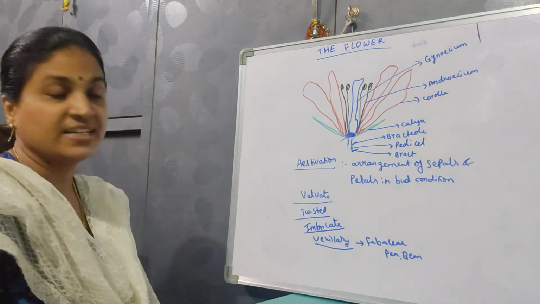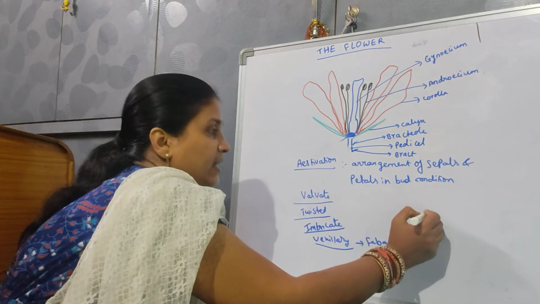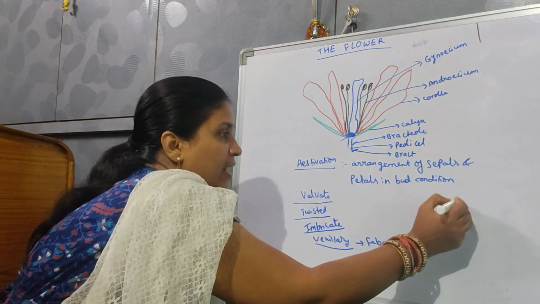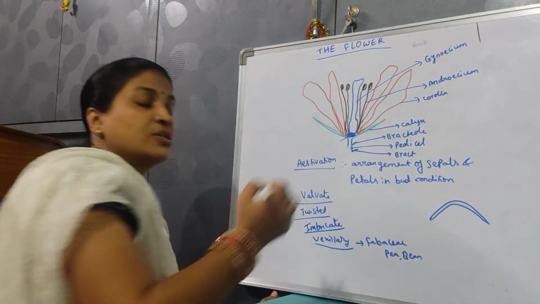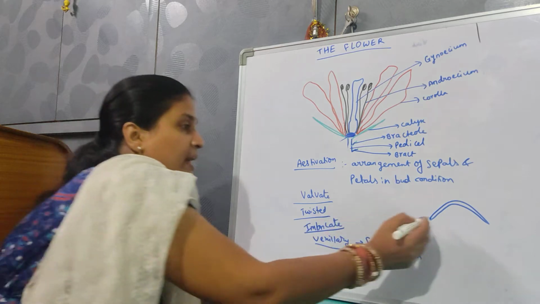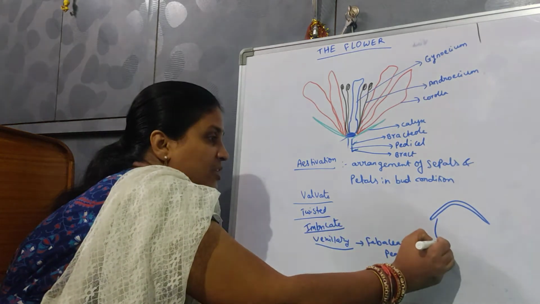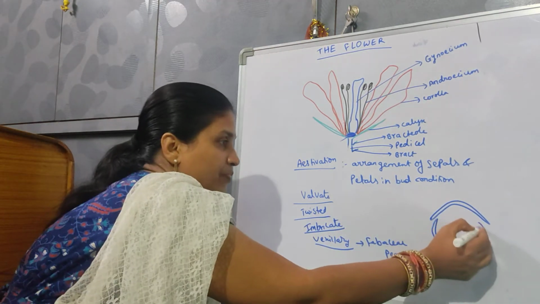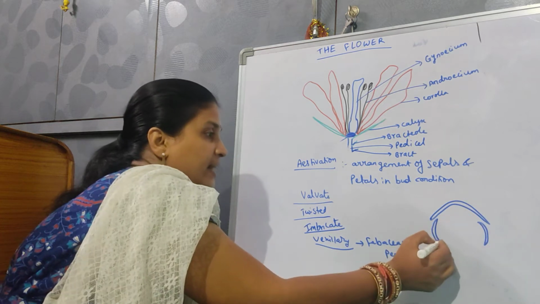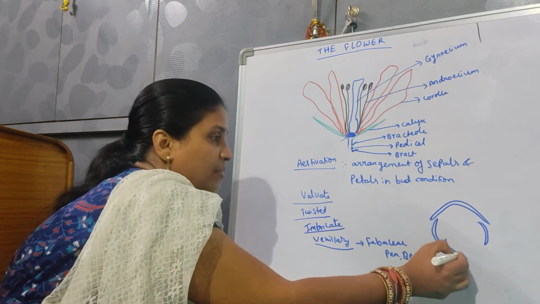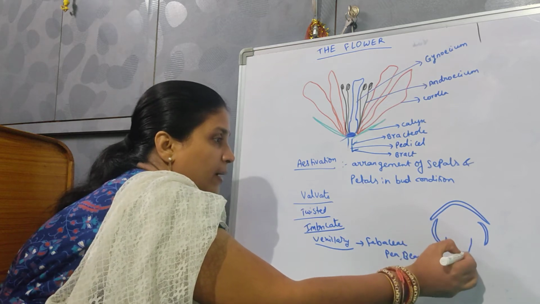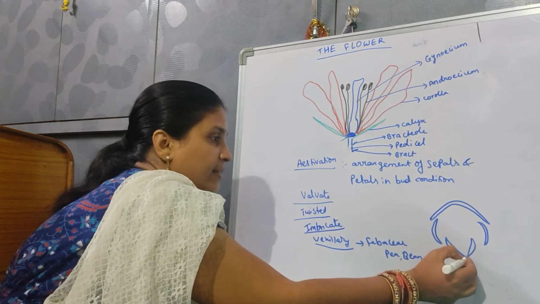Here a large petal will be present like this. This is called the standard petal. This will be overlapping the two lateral petals. Then these two lateral petals are going to overlap the other two petals. They are fused together.